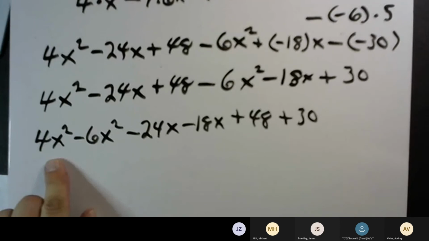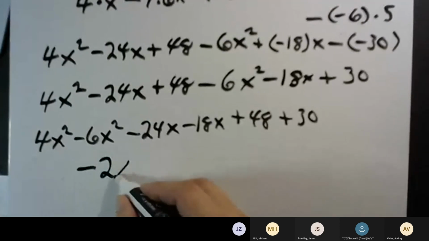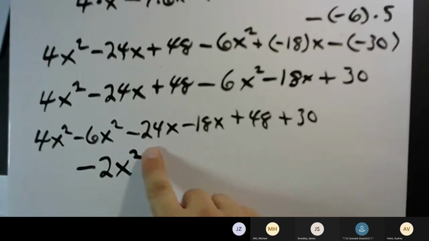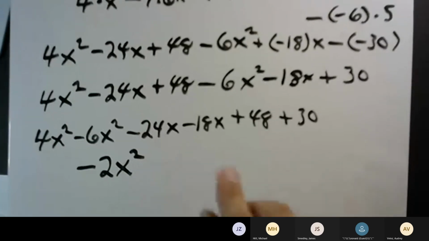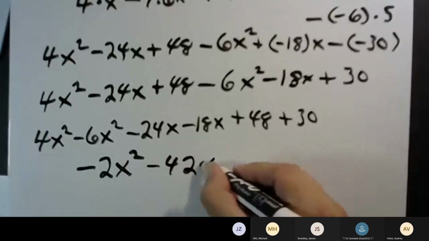So 4 minus 6, -2 for x squared. -24, subtract an additional 18, -42x.